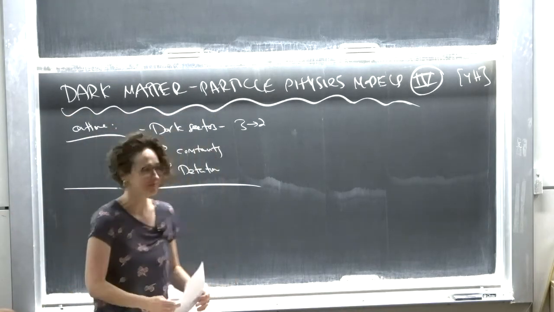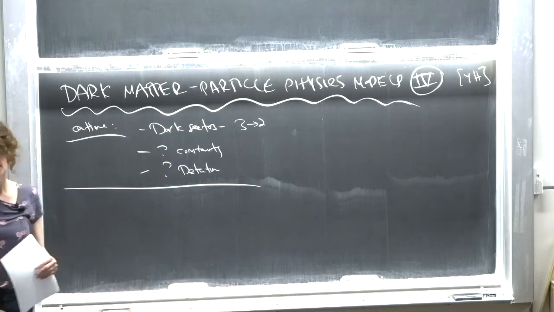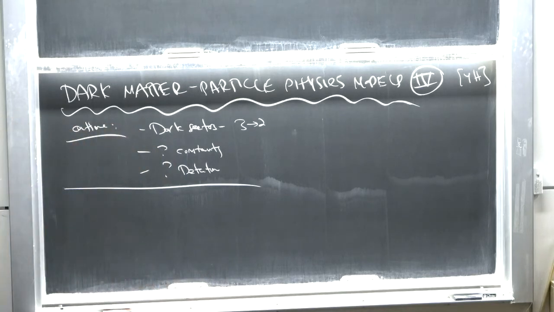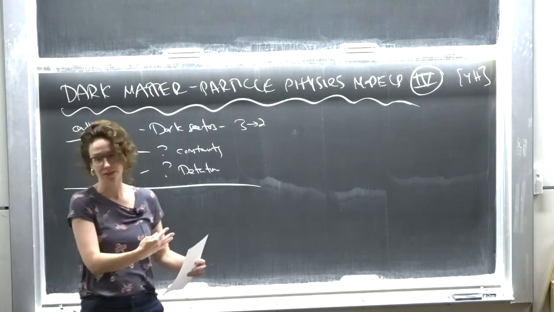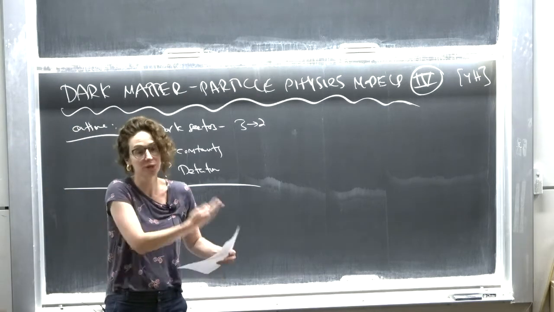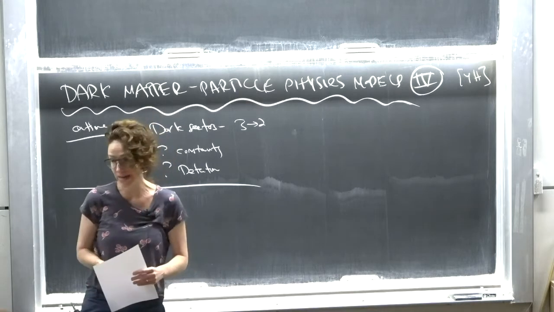Okay? So I remind you, we moved on from talking about mechanisms for studying the relic abundance of dark matter to talking about dark sectors, or models and theories that will populate these types of mechanisms.